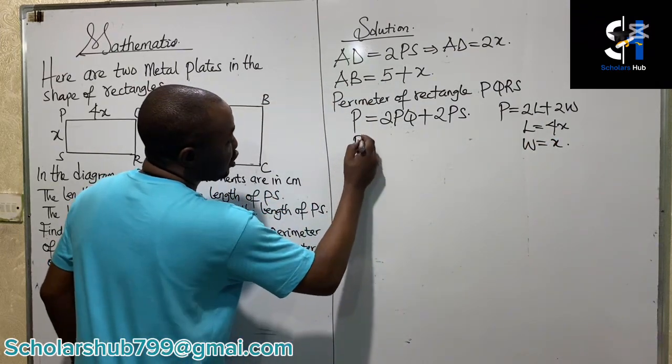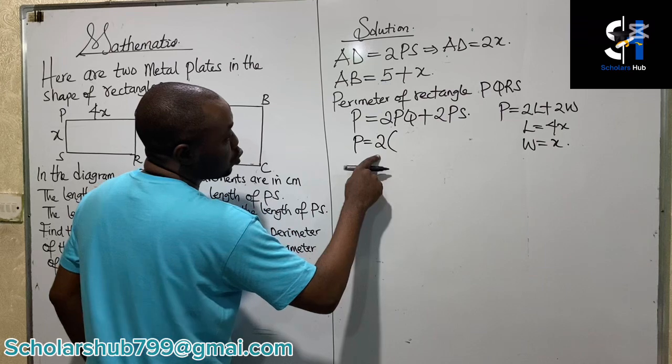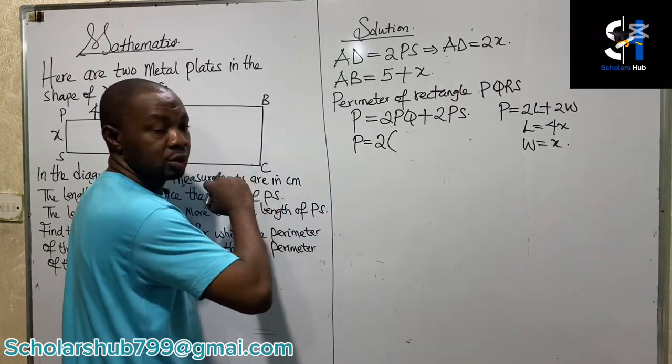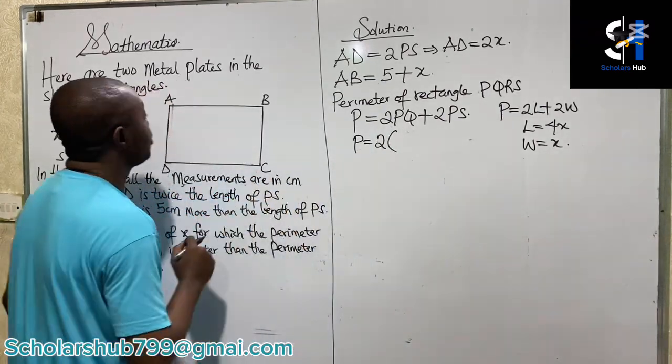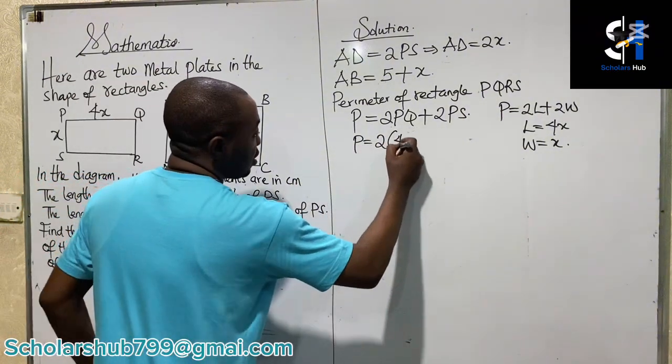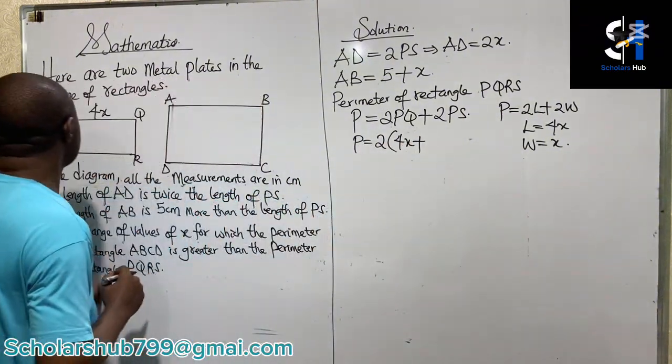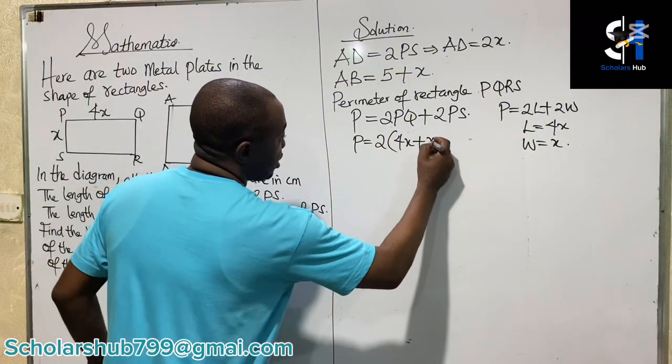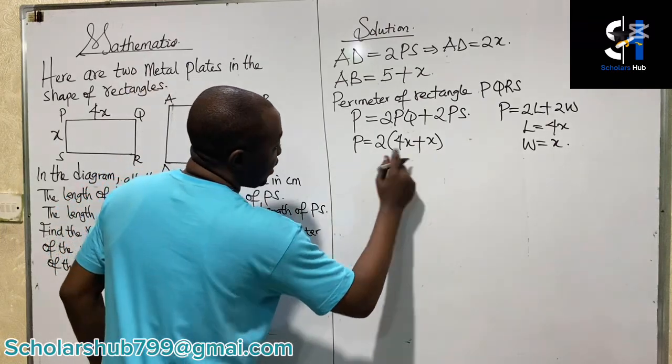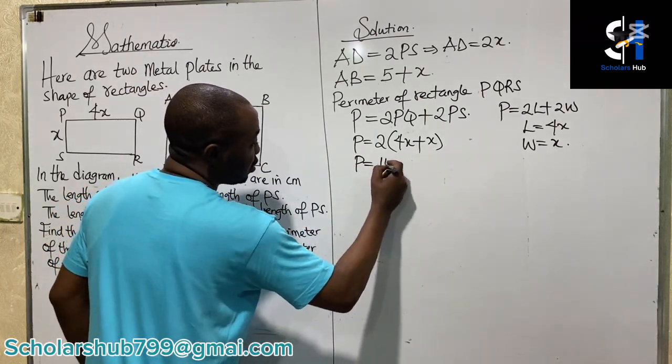So this will be 2 into, we can factor out 2, PQ which is 4x plus the width, which is x. So this will be 5x. So which means the perimeter will be what?